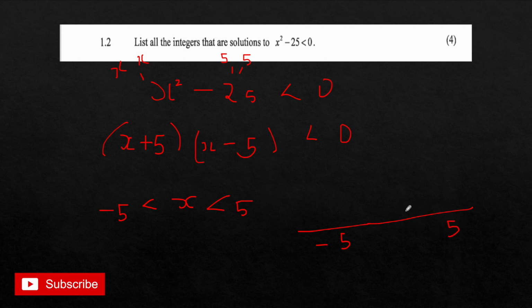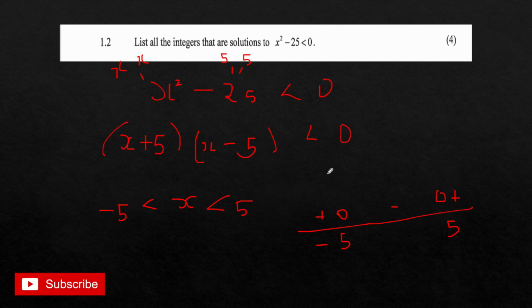So here you will just make a circle on top of this one, and then another circle on top of that one. Your number line would look something like that. If you like, because this is a quadratic, you can use a quadratic graph to draw it.